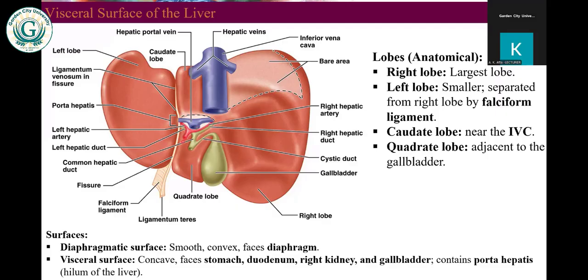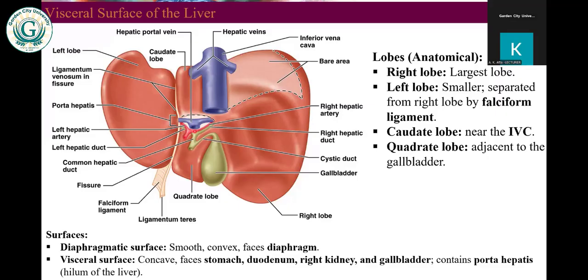One of them is the hepatic artery, which carries 25% of the blood, oxygenated blood, to the liver. Then you have the hepatic portal vein carrying 75% of nutrient-rich, deoxygenated blood to the liver. And finally, the hepatic duct.